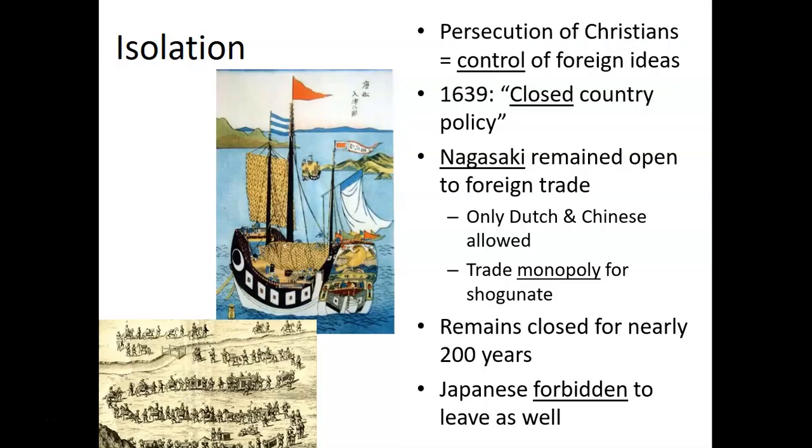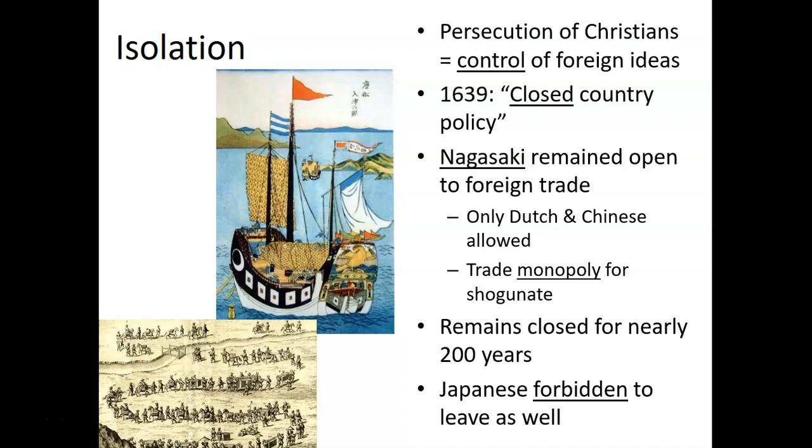Now, to kind of wrap this up, Japan will open themselves up in the 1860s with the fall of the Tokugawa Shogunate. But remember, where they're different from China is that even though they're going to isolate themselves, they're much more open to industrialization and the use of technology.